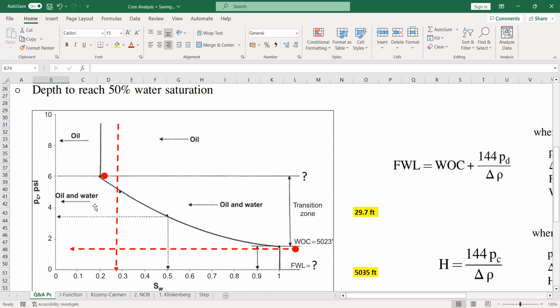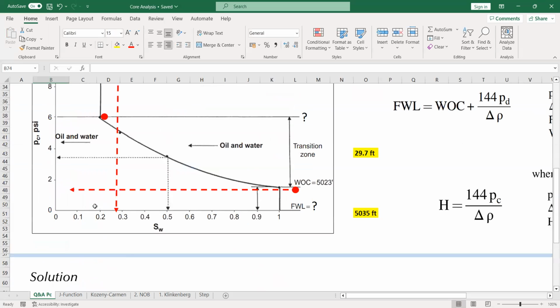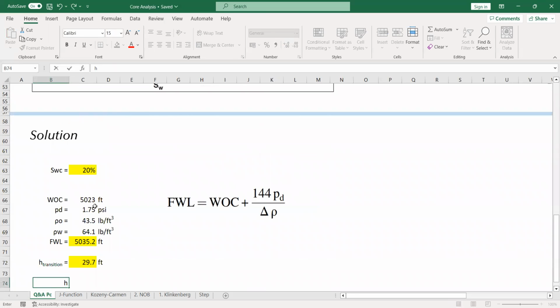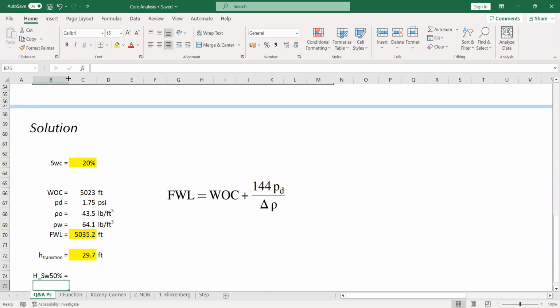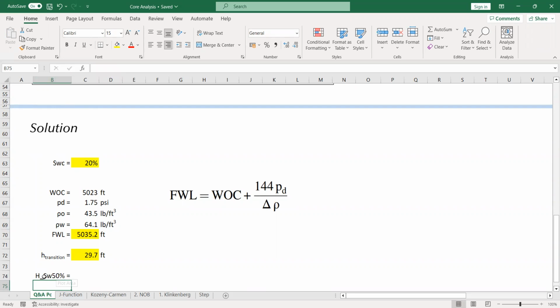What's the symbol? Maybe H or this, and then Sw 50%. Yeah, you understand what I mean. It's very easy. The solution will be like this.